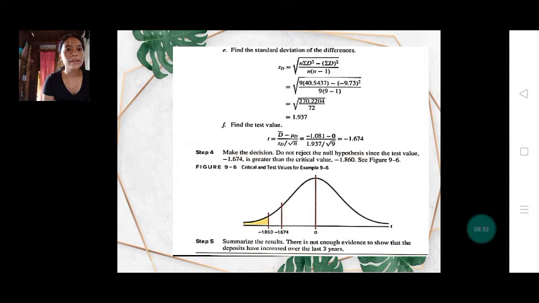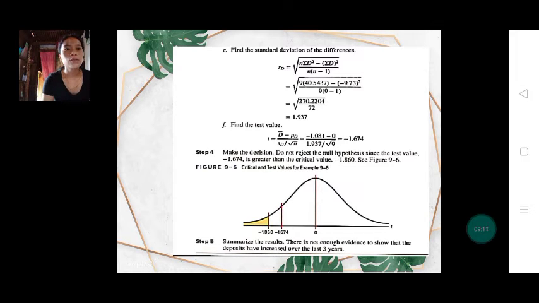So mao na siya ang summation of d squared. Dayon ang summation of d mao to siya sa column A nga result, which is negative 9.73. Dayon atong squared, then over 9, which is the n, then times 9 minus 1.